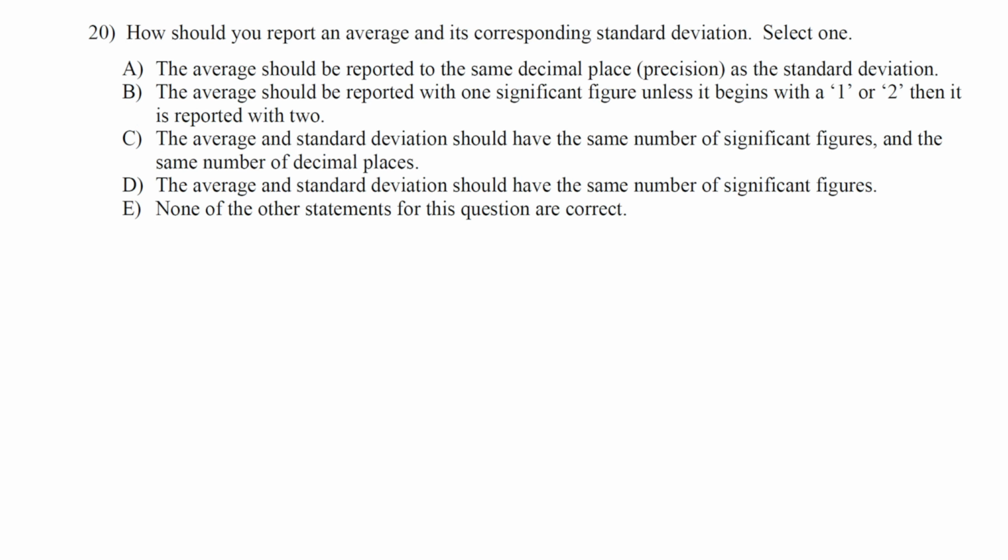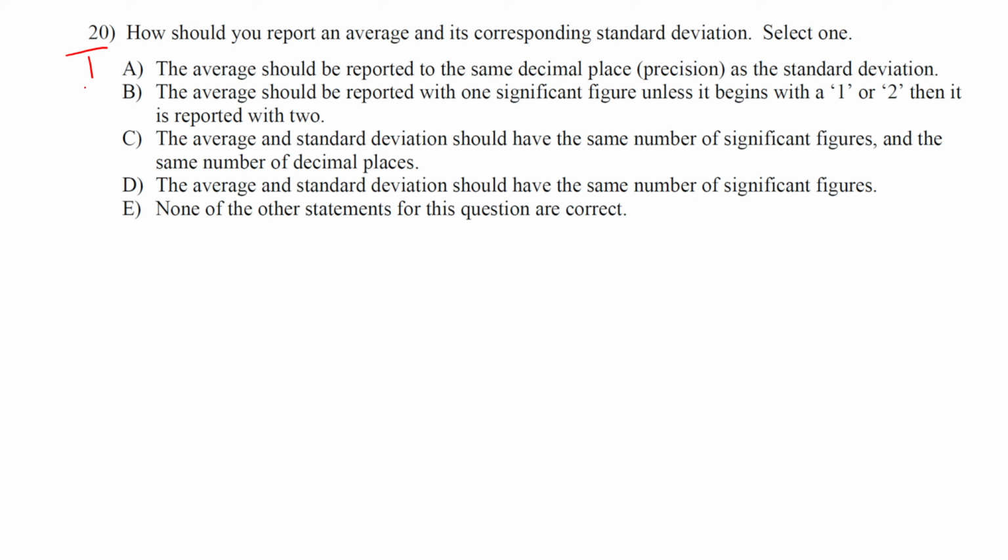So, how should you report an average and its corresponding standard deviation? The average should be reported to the same decimal place precision as the standard deviation. Yes, that's absolutely true. The average should be reported to the same precision as the standard deviation. That's literally rule 2. The average should be reported with one significant figure, unless it begins with a 1 or 2.